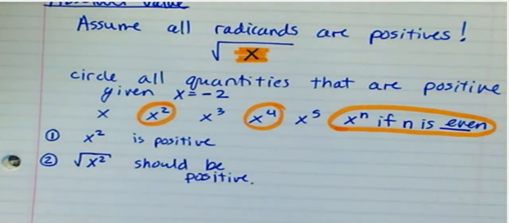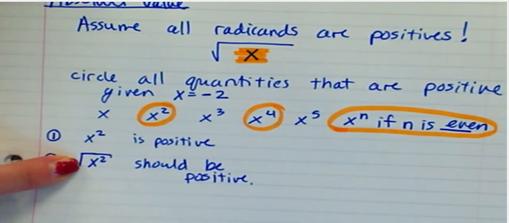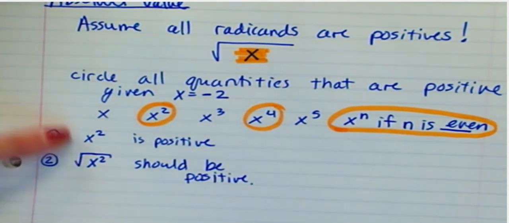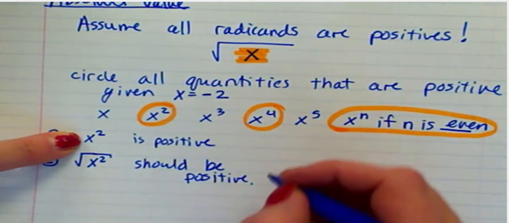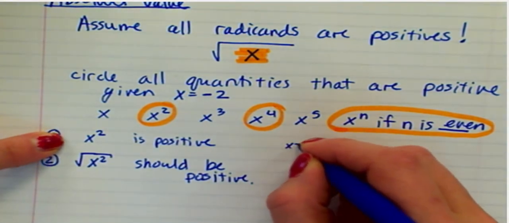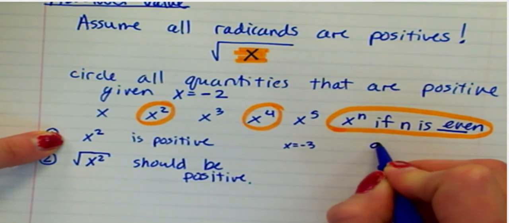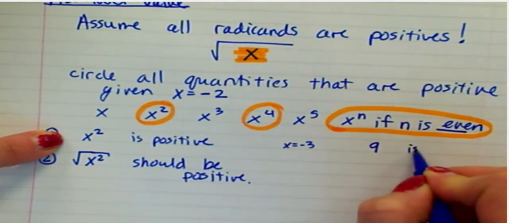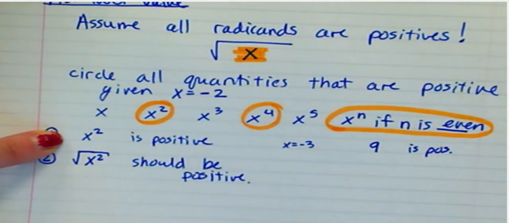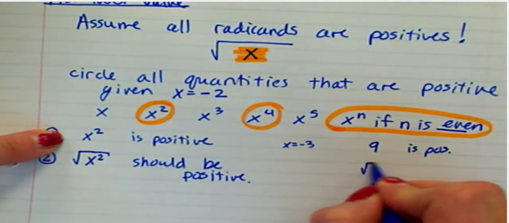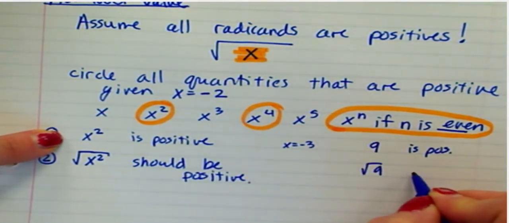Okay? If you square root a positive number, say root 9. So for example, let's just say x is -3, and I'm looking at -3 squared, so that's 9. 9 is positive. Okay? Is the square root of 9 positive?